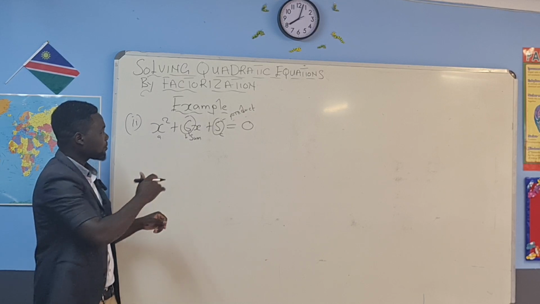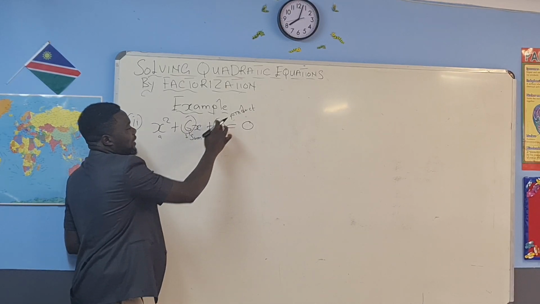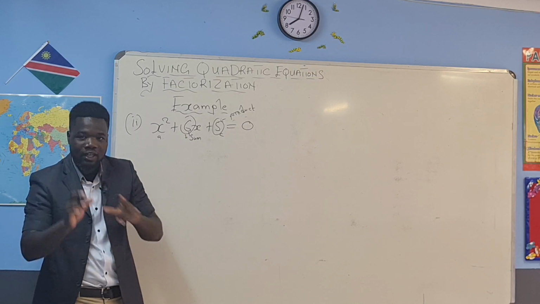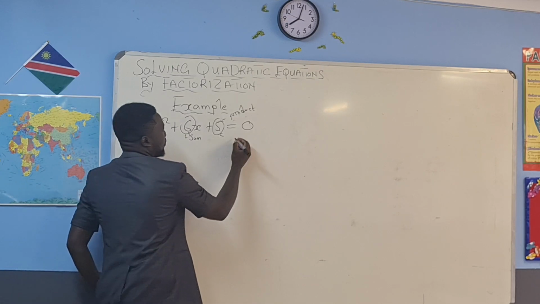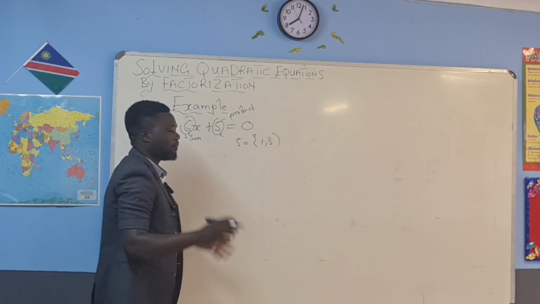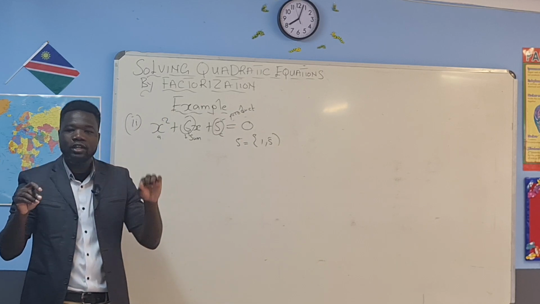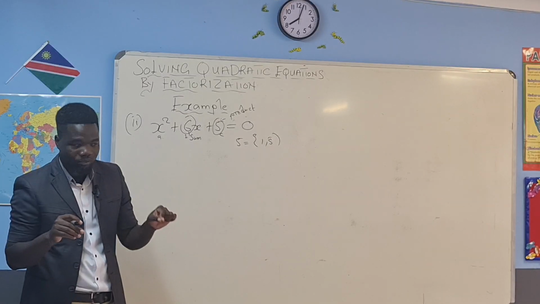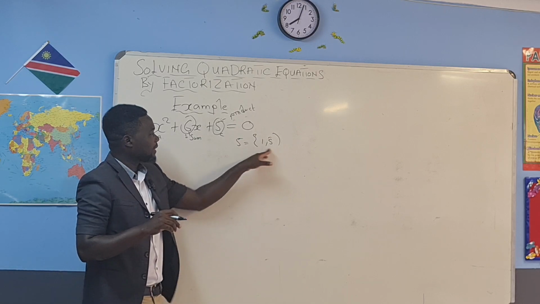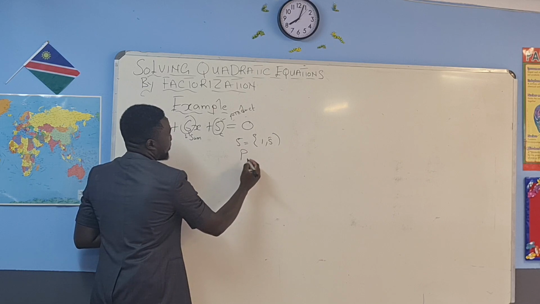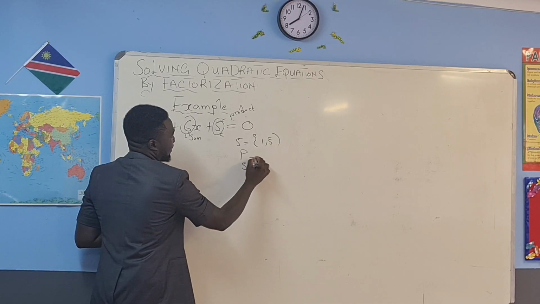Now listen. So you are going to list the factors of the product. What are the factors of 5? It is only 1 and 5. The factors are numbers that can go into 5 without leaving a remainder. Are we together? So now after finding this, we are going to find the product and the sum.